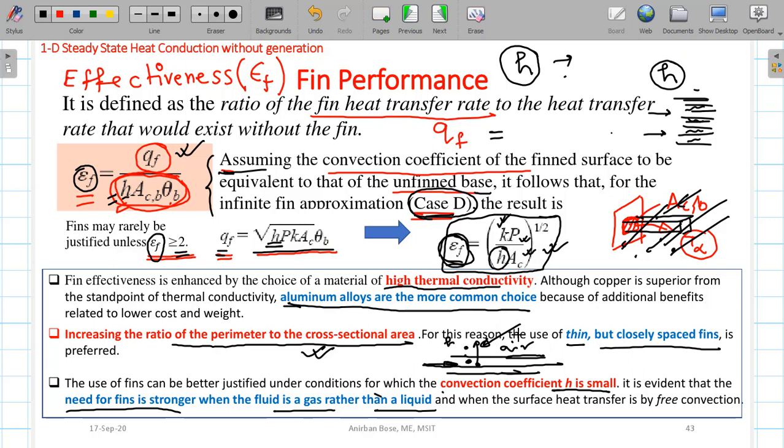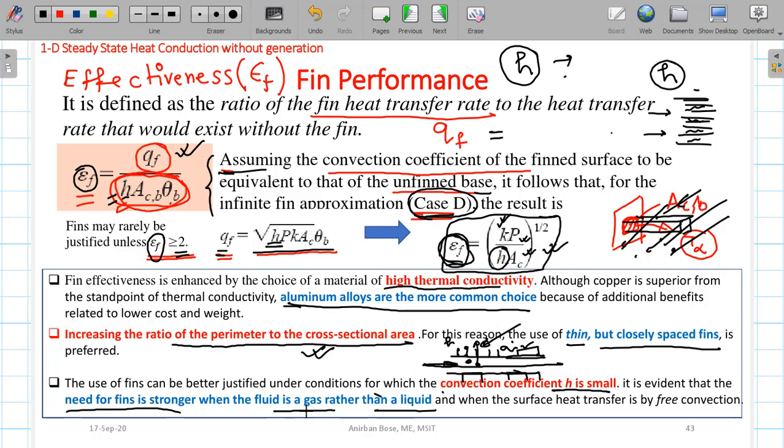Here in case of air, which is a gas, convective coefficient is less, so fins will be justified outside the tubes. Inside it is liquid, which already has a high convective coefficient, so you do not need fins much. Outside it is air where h is less, that is why the fins should be there outside.